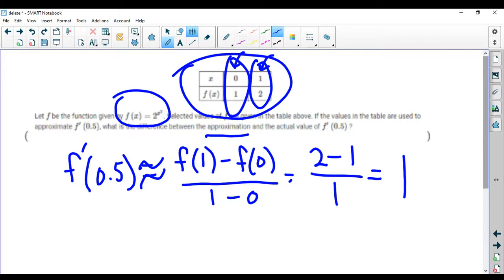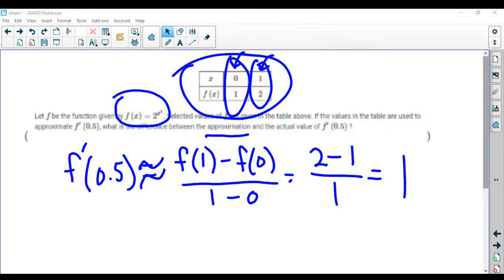So to get the actual derivative on the calculator, you will type in the function 2 to the x squared, graph it, and then second calc, 6 for derivative, and then type in 0.5, enter, and there you have it.